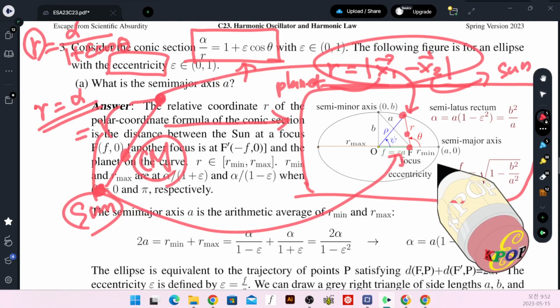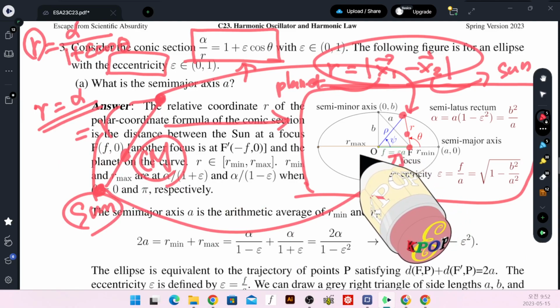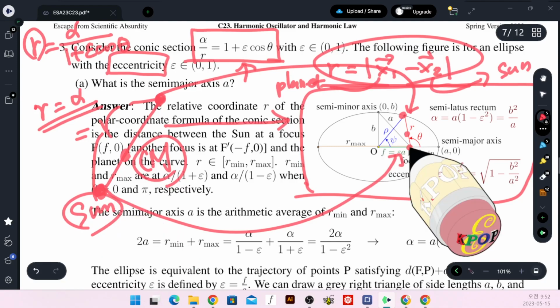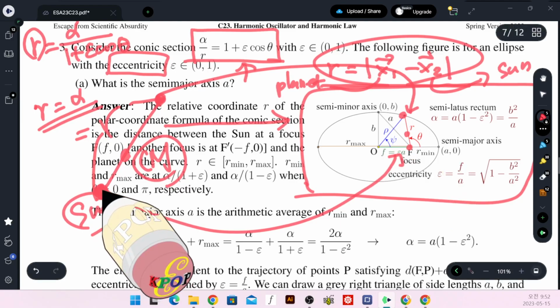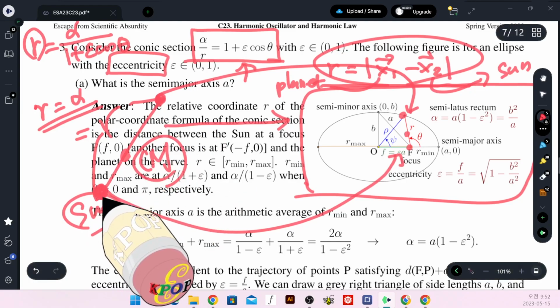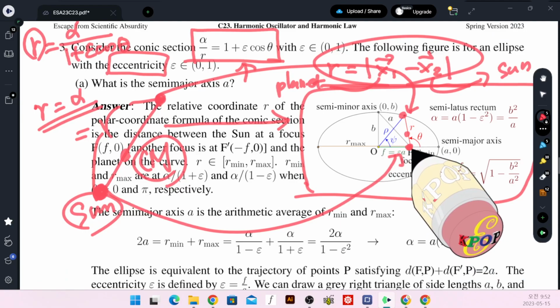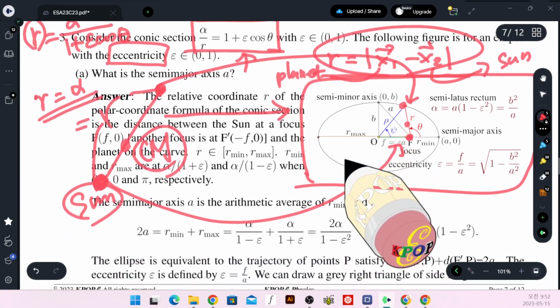Okay, if you draw this one by choosing a center that is unphysical and choosing the focus that is this point, and this one is fixed, so this is the relative coordinate system. So this is the non-inertial reference frame at which the sun is fixed to the focus of this plot. Okay, from then on, everything else is straightforward.